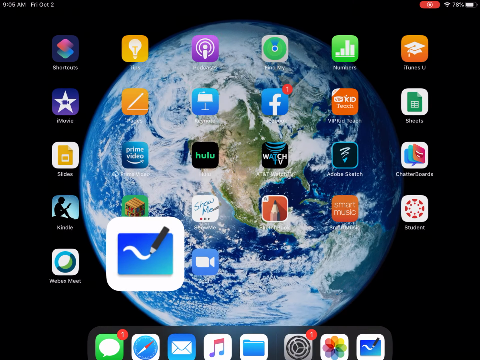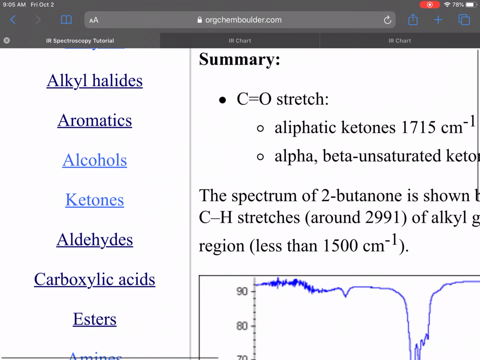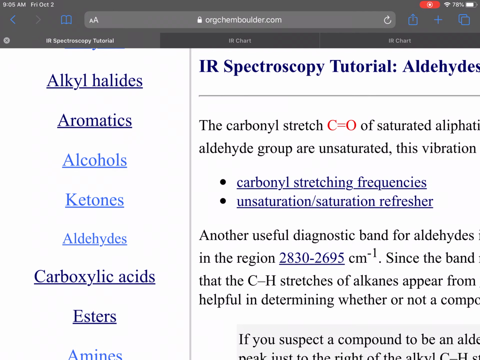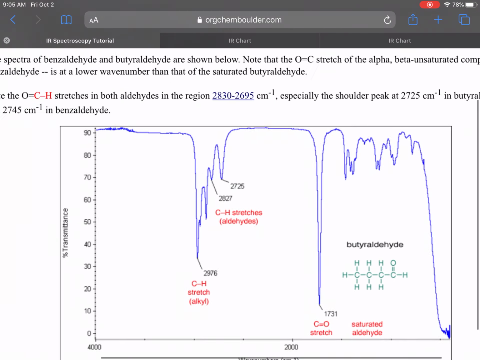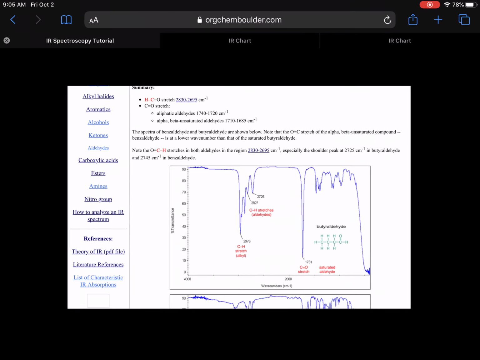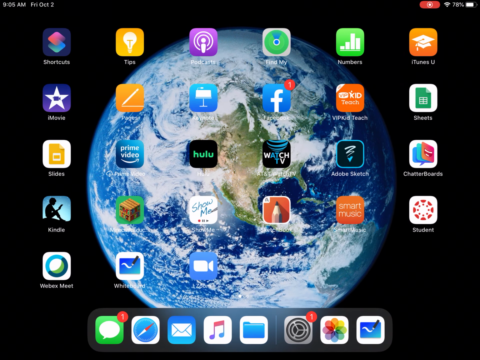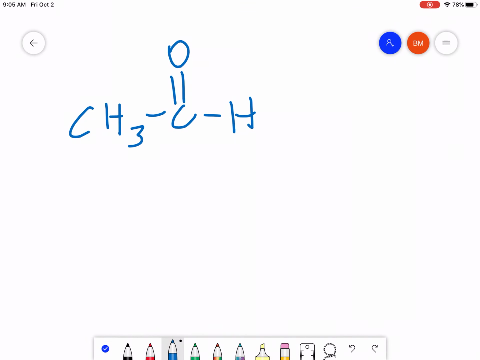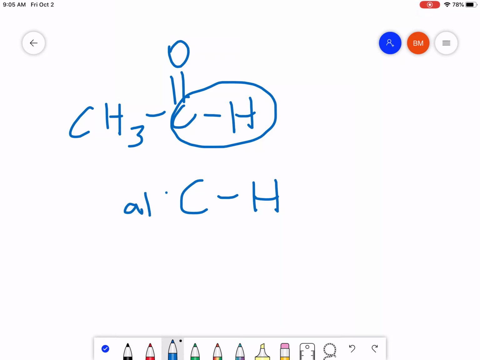Now, of course, just like any other carbonyl, we're going to have the carbonyl stretch. Here you see it at 1731, very identifiable. One thing that we see with aldehydes is our fourth and final type of CH stretch. This is specifically referred to as an aldehyde CH.